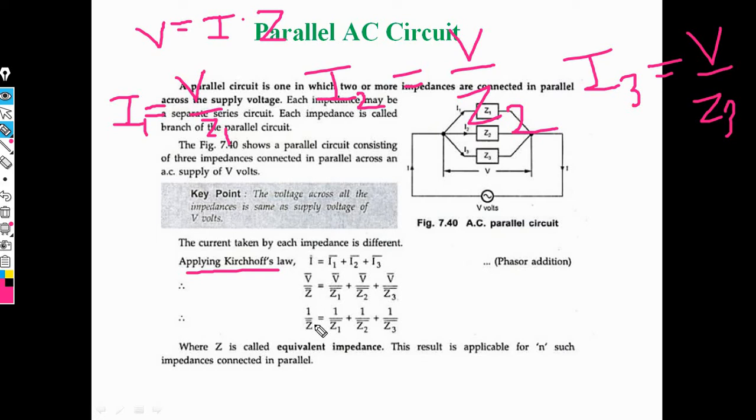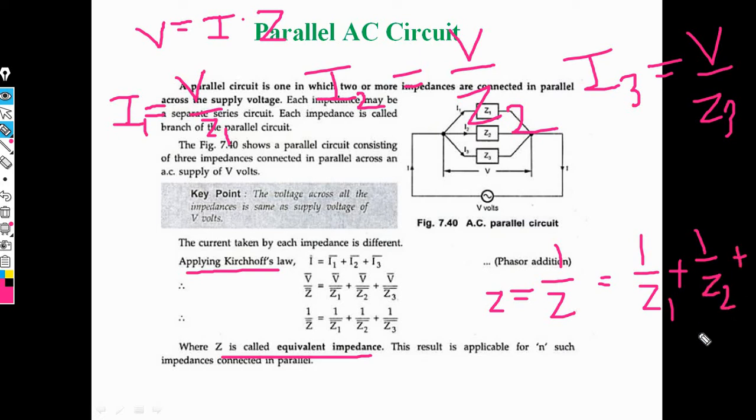That is, V bar by Z is equal to V bar by Z1 plus V bar by Z2 plus V bar by Z3. Here Z is called the equivalent impedance.